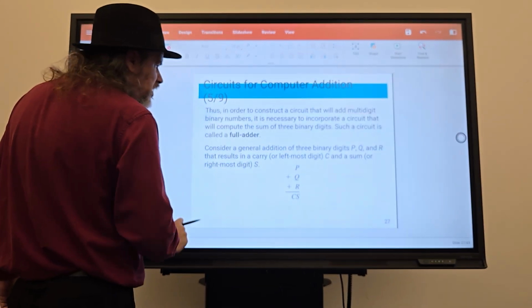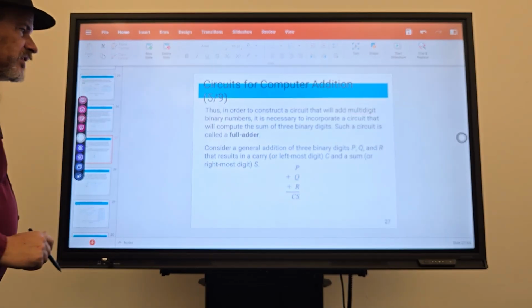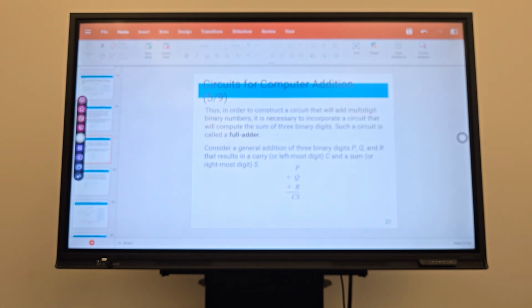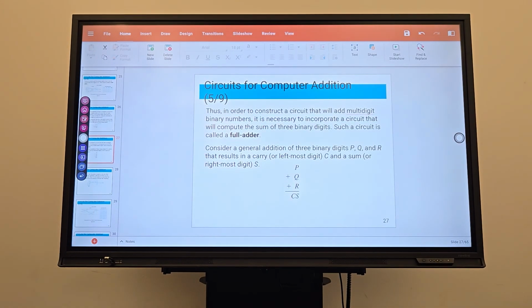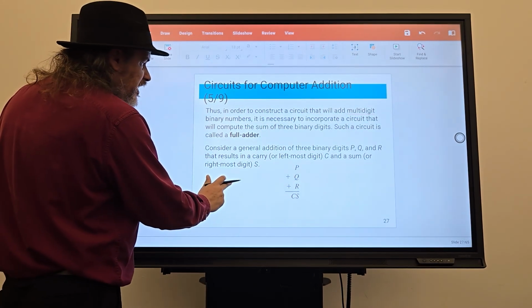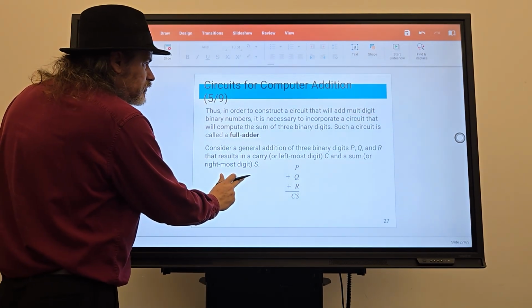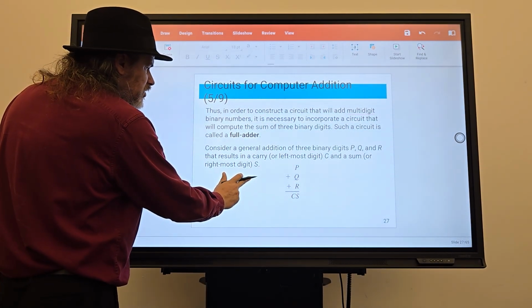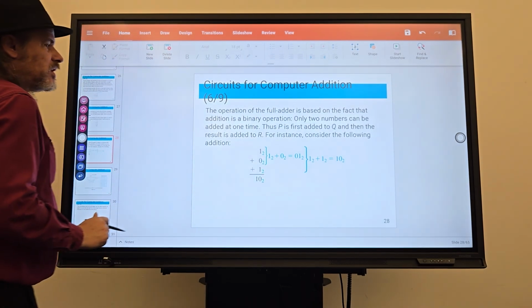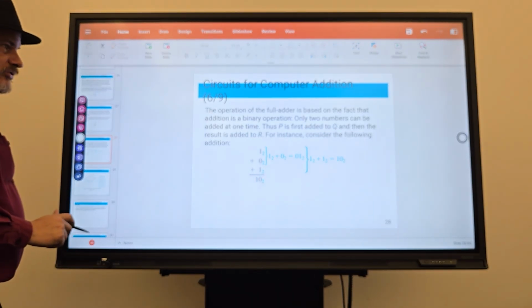So this is the same as P plus Q plus R. And you create a full adder by doing two half adders.